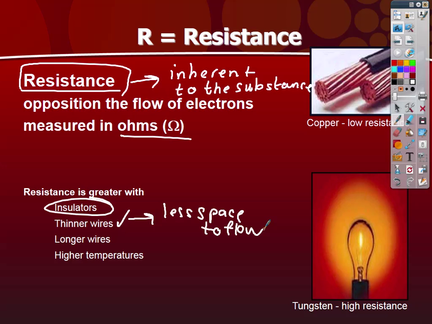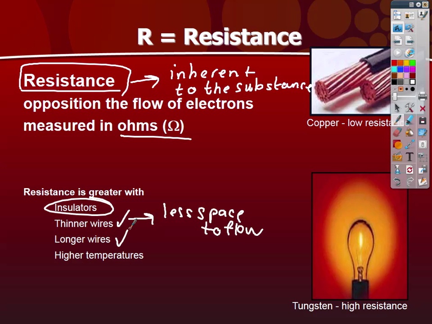Because if you have all these cars trying to go, all right, and we got to imagine these electrons are going almost the speed of light, all right, they're going to be going very quickly, and therefore you're going to get a lot of collisions. And when they collide, some of the electrons will bounce back and they'll cause other collisions. So the thinner the space, and again, they're going to smack against the sides and everything, there's going to be more resistance. They're going to have a harder time flowing.